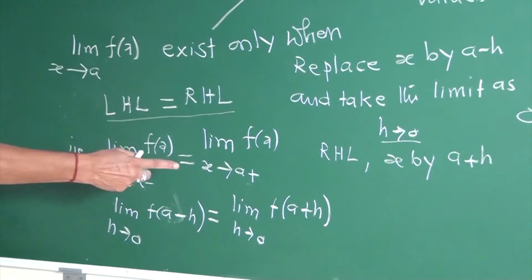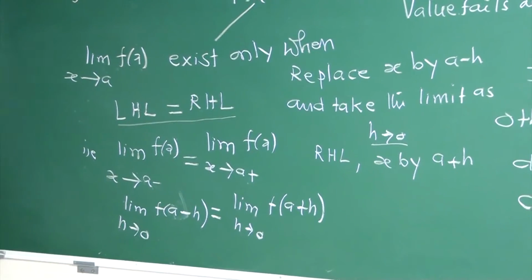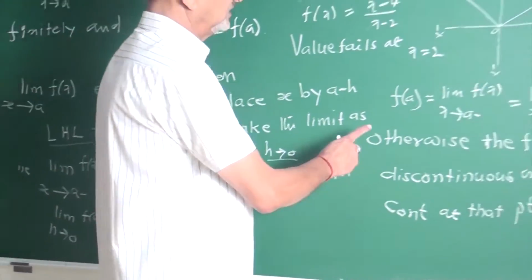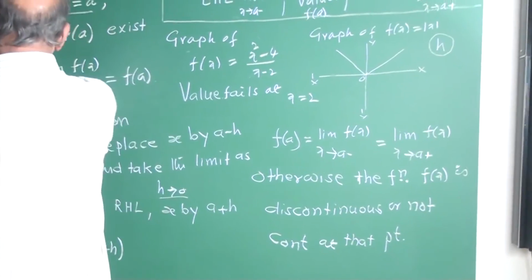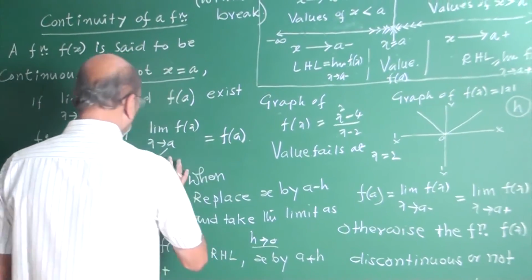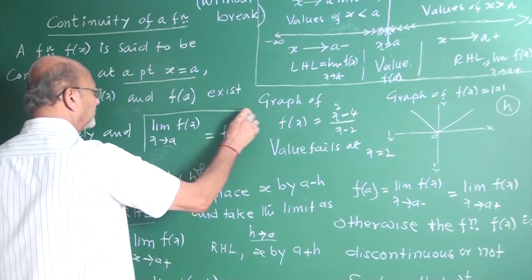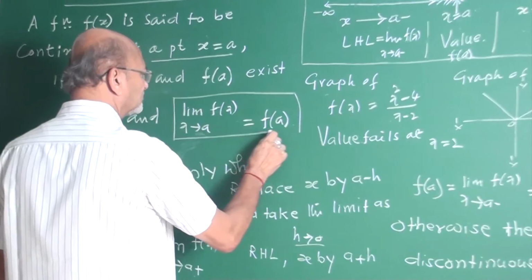For the limit, both must be equal. In case all three are equal, the limit of f(x) as x tends to A exists if LHL equals RHL.